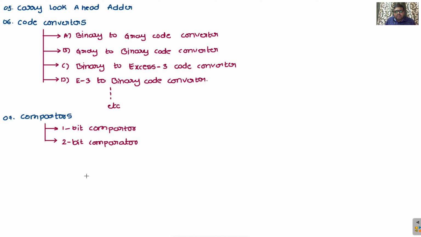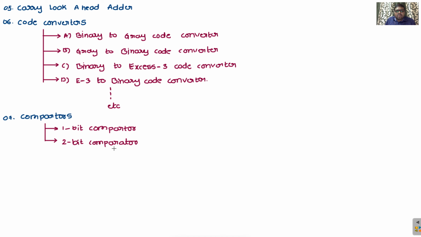But the problem here is, if you take a 1-bit comparator, two 1 bits are compared, so we get four possibilities. In case of a 2-bit comparator, two bits you have to compare, so we will get around 16 combinations.